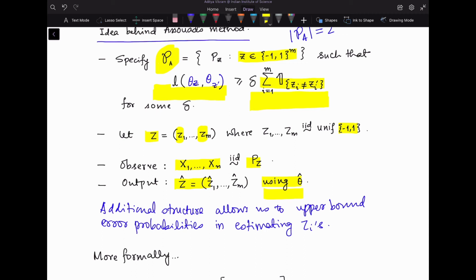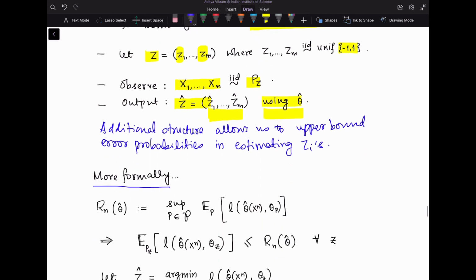So basically you can test m different binary hypotheses, is the essence of it, right? Instead of solving one multiple hypothesis testing problem, you have m binary hypothesis testing problems that you can solve because of this additional structure.